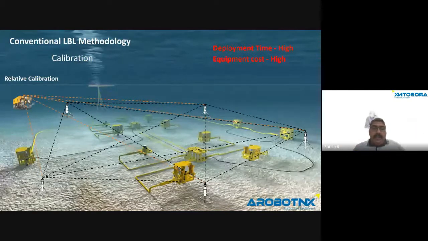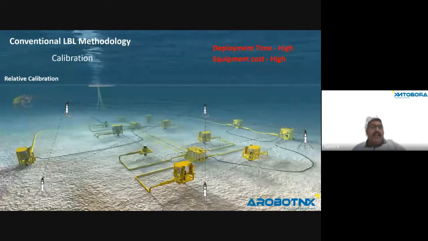We shall see in a later stage how this mathematical calculation happens. So this is how, in relative calibration, the ROV sends the communication to the transponder, and the transponder calculates its position with respect to the others. It becomes a standard relative calibration.